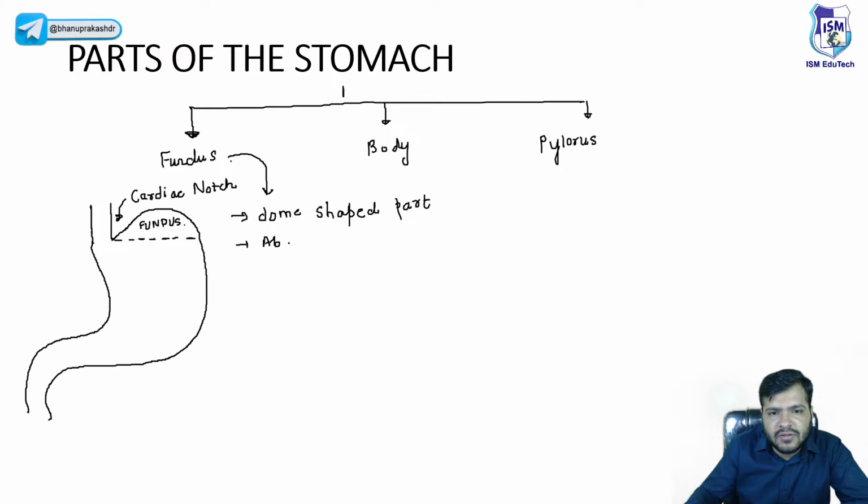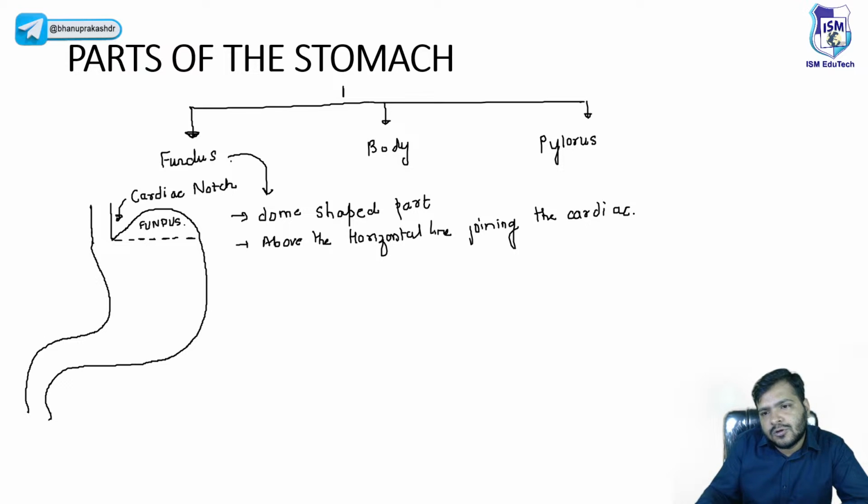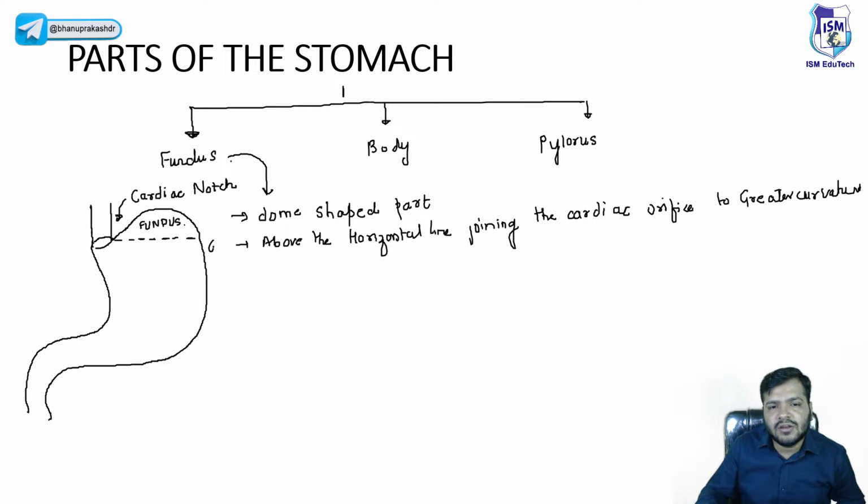It is above the horizontal line joining the cardiac orifice to the greater curvature. So the cardiac opening is there, and from this cardiac opening, it is going towards the greater curvature.